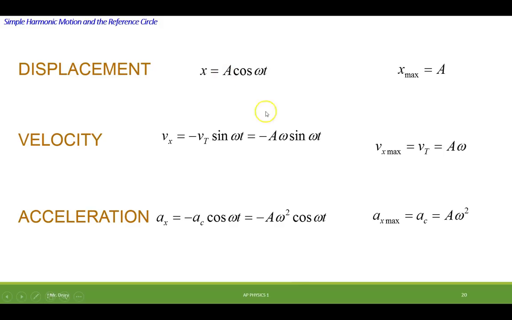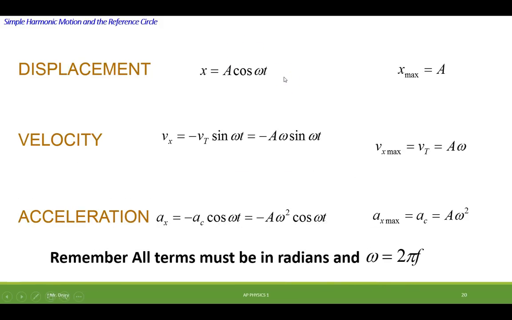And you go from a to a omega to a omega squared, and everything else is the same. Okay? So if you can remember that, that would be helpful. And remember, all terms must be in radians. And also that this omega here really can be written as 2 pi f, or 2 pi over the period. Okay?